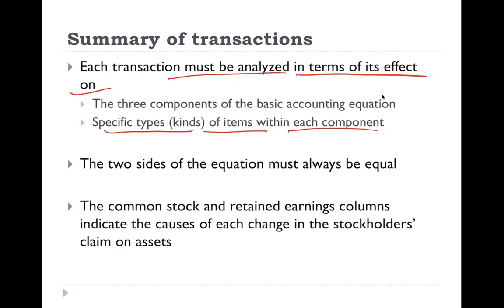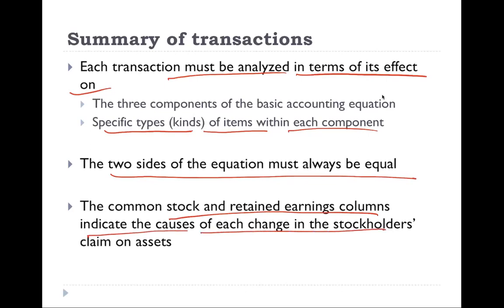Does the transaction affect accounts receivable? Those are different items within each component. And every transaction has a dual effect on the accounting equation, or in other words, the two sides of the equation must always be equal. The accounting equation must always hold. That equal sign must always hold. Common stock and retained earnings columns indicate the cause of each change in the stockholders' claim on assets.